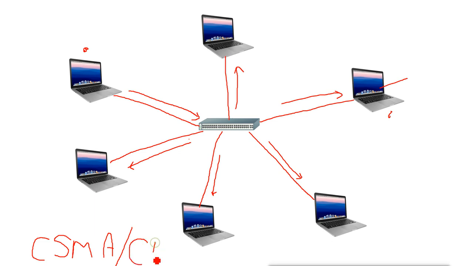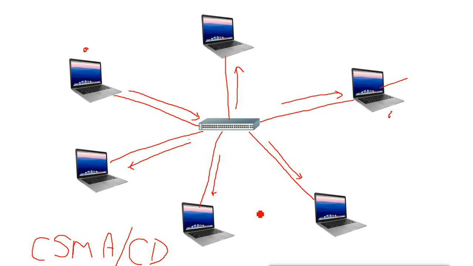And when a collision happens, every device has to wait for the collision to go and they have to stop. So every device will be affected when the collision happens. Whenever they want to send data, they use carrier sense multiple access. And when someone is already sending data, the other devices have to wait for the communication to finish.